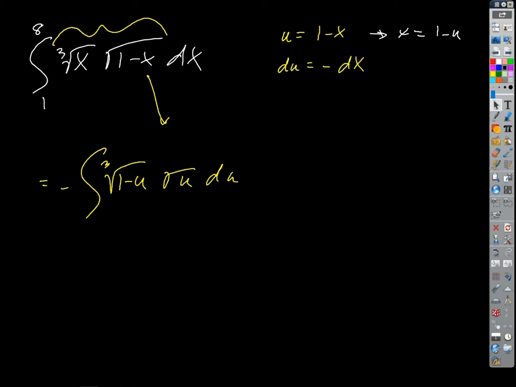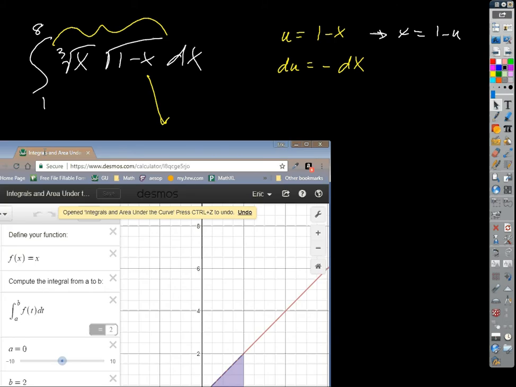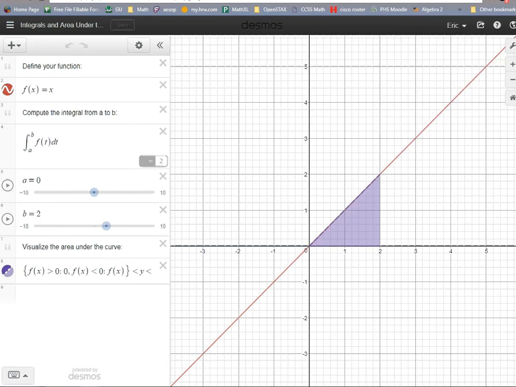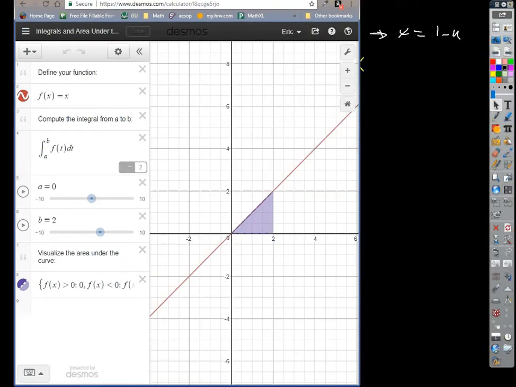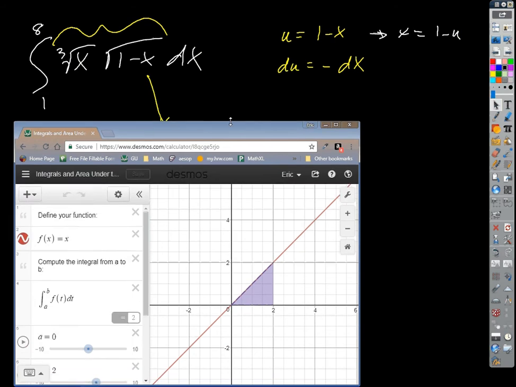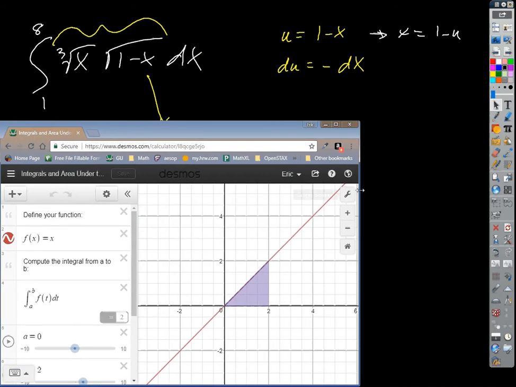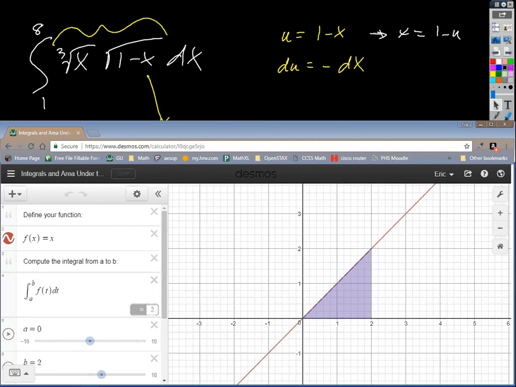So let me pull up my fancy Desmos file that looks at areas under curves. Okay, so yeah, if we graph this thing, see what we get.